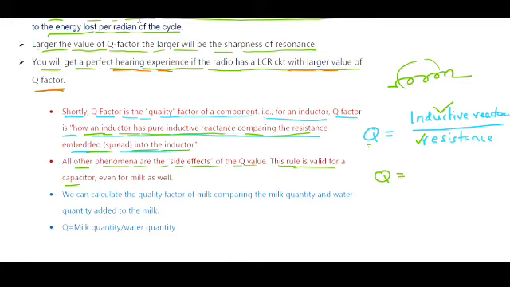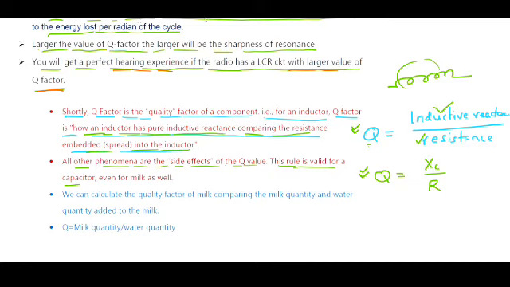That is, the Q factor is a quality factor of a component. For a capacitor, this is the ratio of the capacitive reactance to the resistance R. This is the quality factor of the capacitor, and this is the quality factor of the inductor.